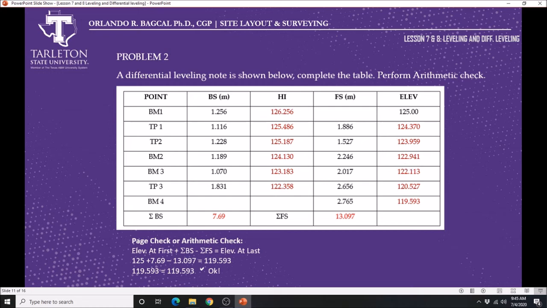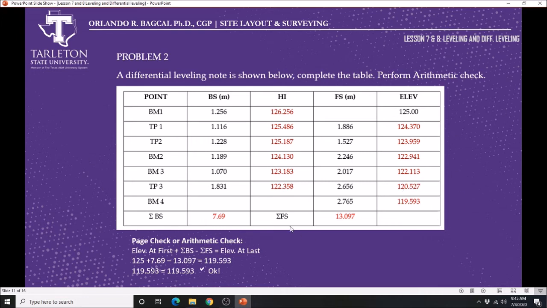And you will notice all of these measurements are distances, vertical distances, as mentioned in a previous video. As a rule of thumb, when you're dealing with distances, we need to keep the decimal places to 3, for areas 2, and for volume 1. So perform that all the way to the end.